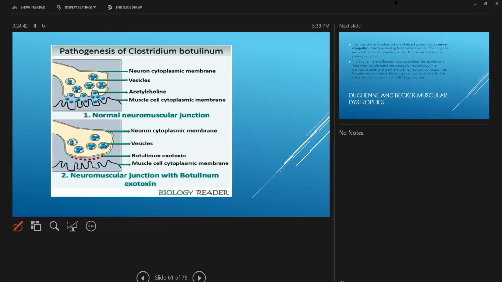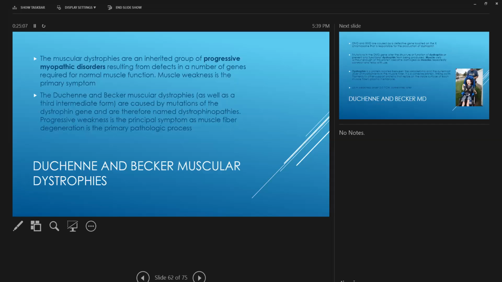So let's look at this. You've got these neurons here with cytoplasmic acetylcholine in those vesicles. The botulism exotoxin causes those to not be able to be released. And so these ACh vesicles can never cross the synaptic cleft and activate the motor neuron. And so then you get this flaccid paralysis.